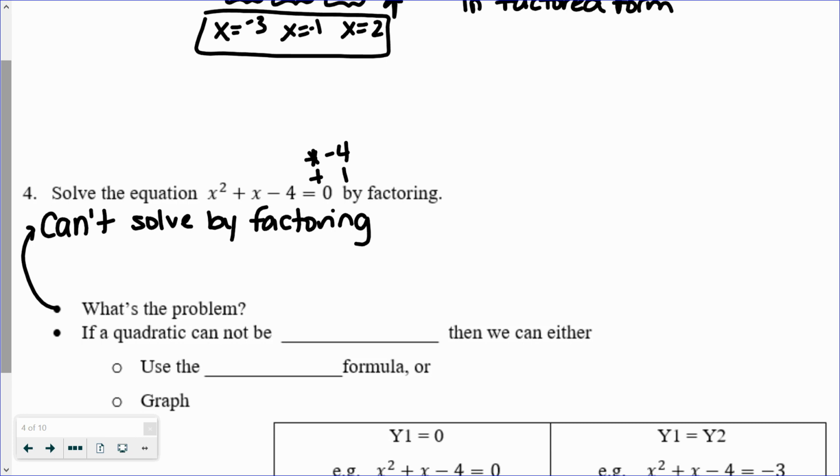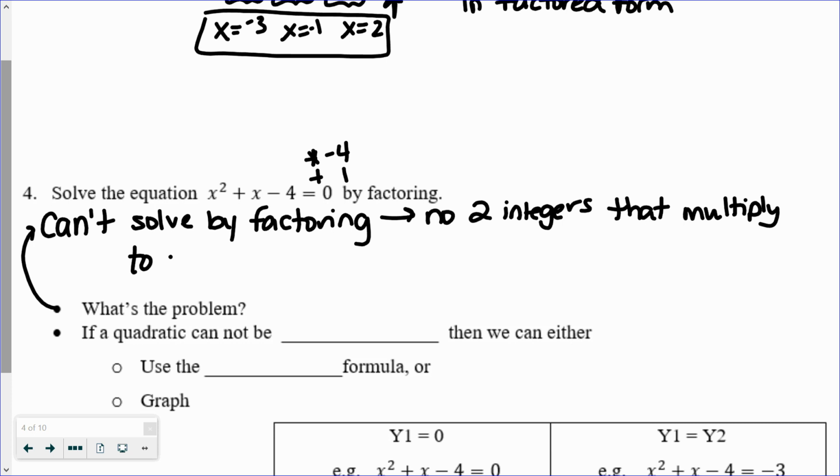It's just not easily factored because there are no two integers that would multiply to be equal to -4 and add to be equal to +1. So that's the problem. It's not easily factored. That doesn't mean that there's no answer necessarily. It's just not easily factored.